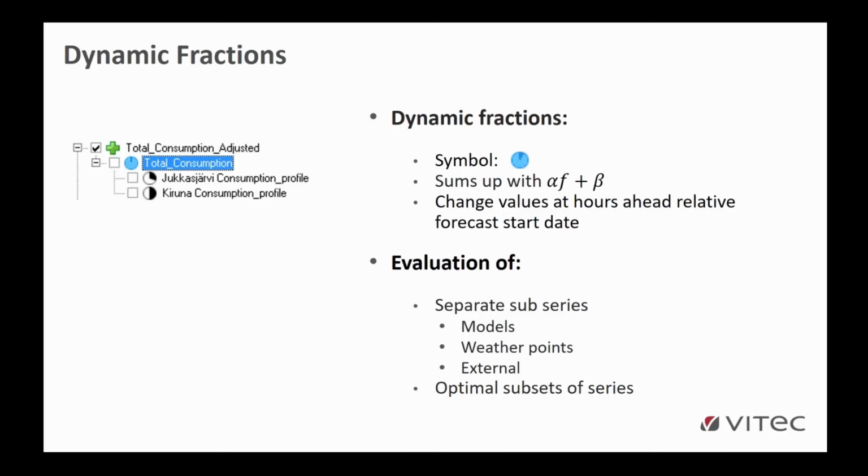Then you can either have a static weighing using a static percentage from each, or you can let the system try to optimize which of these forecasts you should use.